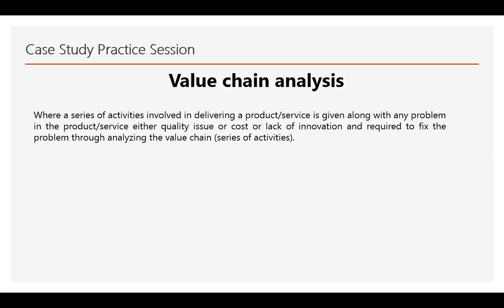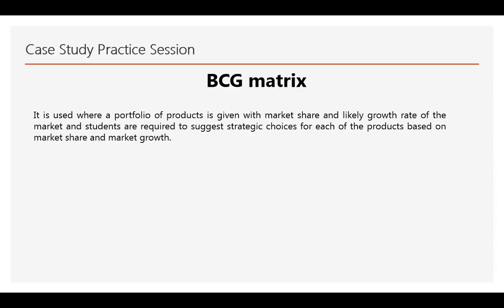So it will give you a series of primary and secondary activities, and we may see some problems in either of these activities, and there may be room for improvement. We may have to analyze these activities and come up with an improvement plan on how we can improve them to solve the problems, whether the problem was high cost or innovation. So this is how we will know that value chain analysis is to be used.